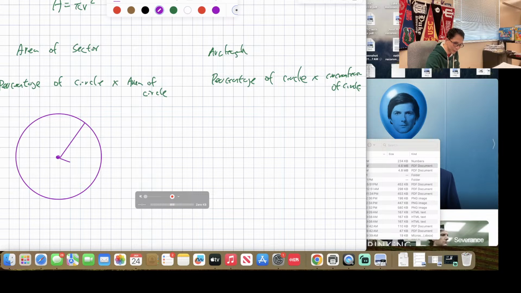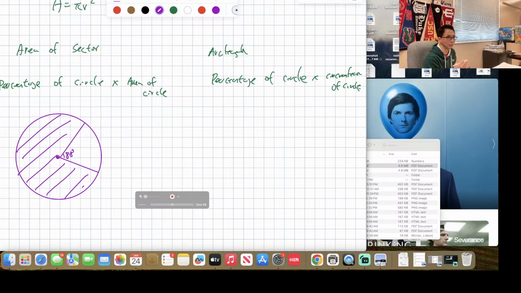So 80 degrees is a little bit less than, it's like 80 degrees like this, and I want to find out this area. So be careful how it is worded. It's kind of tricky. Okay, so I want to find out the area of the shaded region. Let's say this one is 8. Can you find the area of the shaded region?